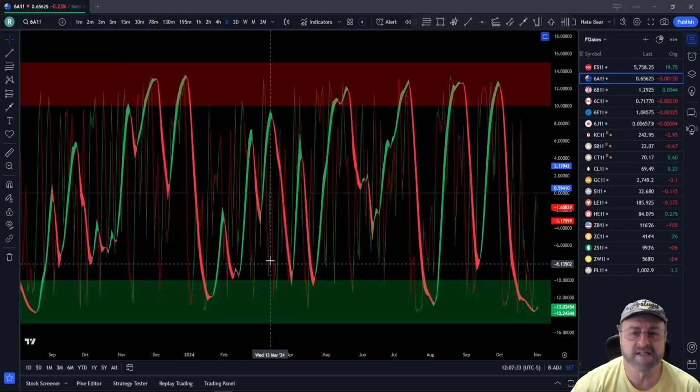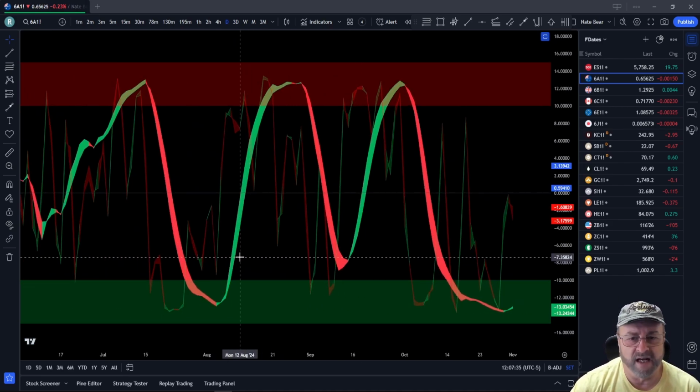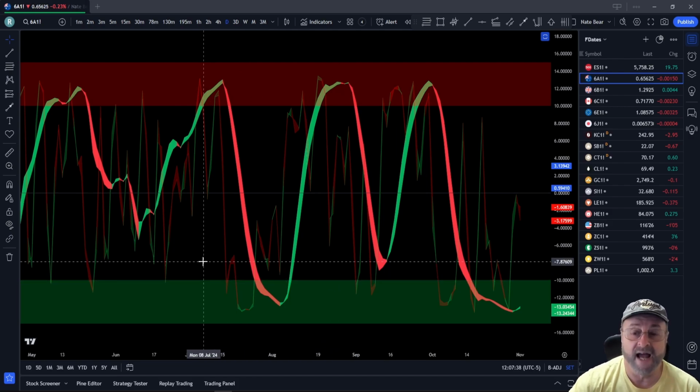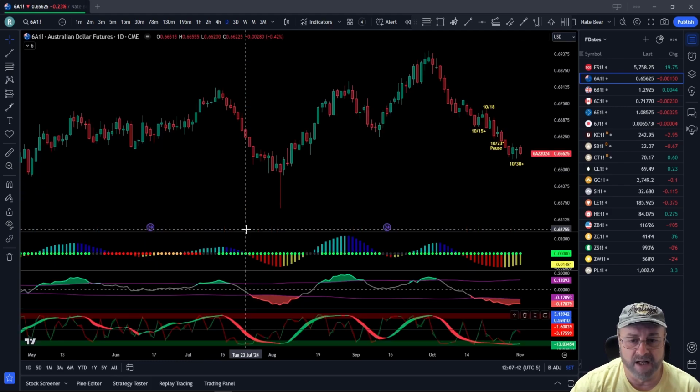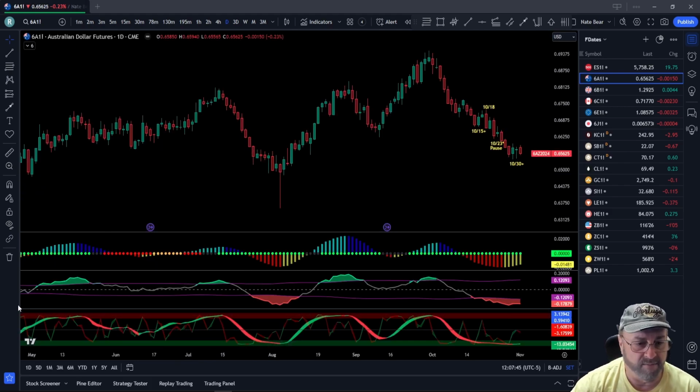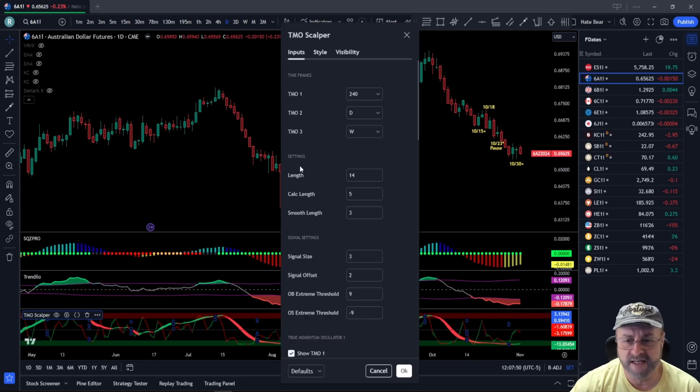Let's get this one. Now this one's even noisier because I have it set to different time frames, and I actually removed a bunch of stuff from this indicator. For example, let me click on its settings here, and you'll see that you can set it like I had set one at 240 hours, and I have one that's the 4-hour chart, and I have this one set to daily, and I have this one set to weekly.